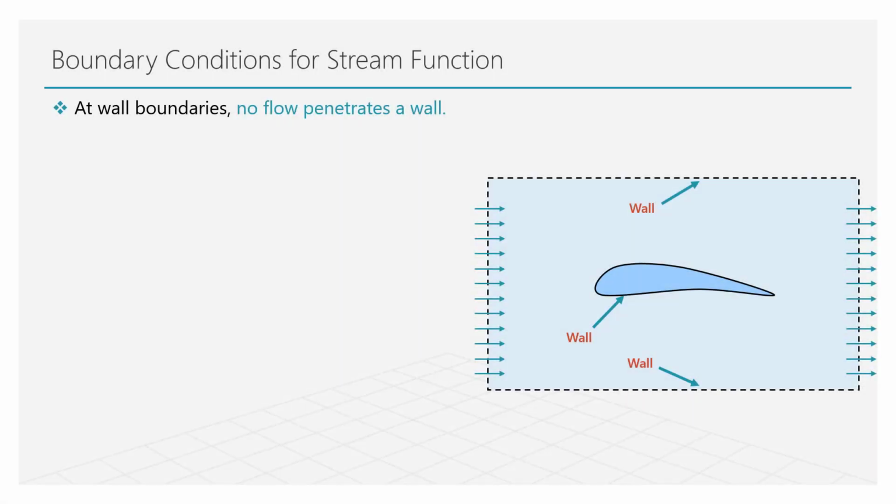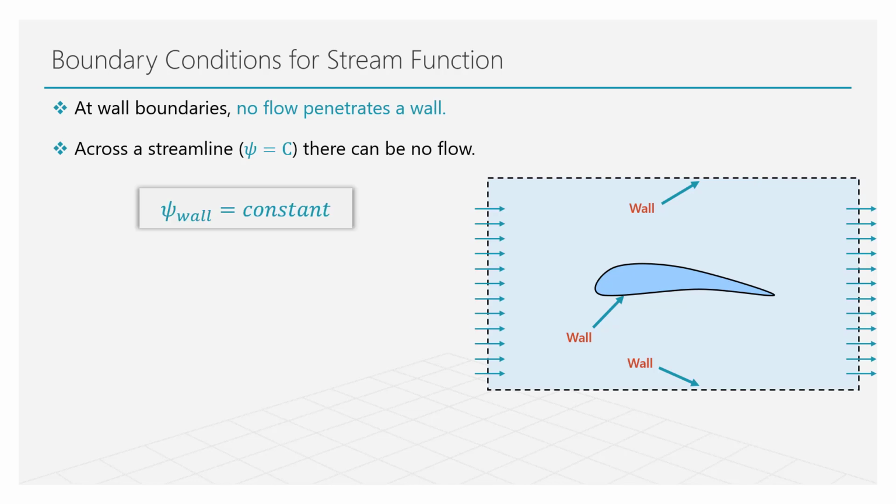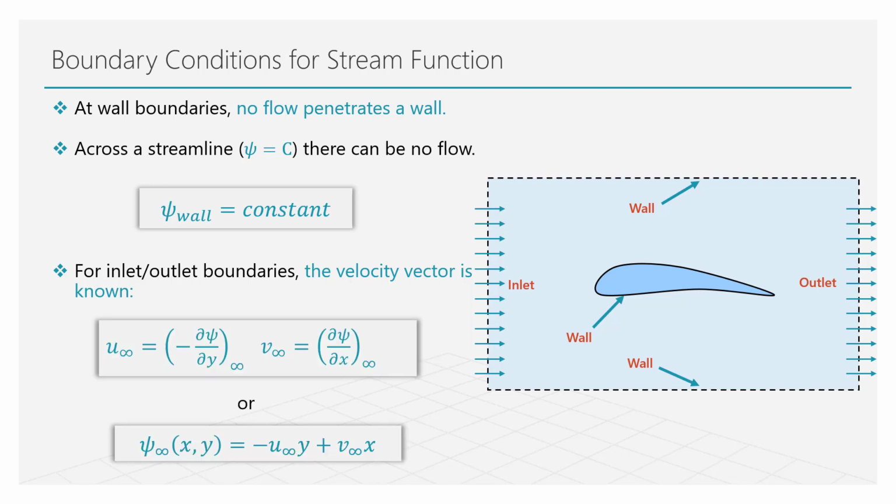Let us first consider the wall boundary condition, which we have defined as a boundary through which no flow penetrates. We have defined a streamline also as an object across which no flow can pass through. Based on these two definitions, it is now easy to see that a wall is nothing but a streamline. As for the inlet and the outlet, the boundary conditions for the stream function at these locations are analogous to those we have for the velocity potential. With that, let us wrap up this lesson.